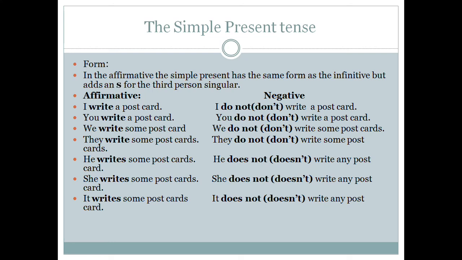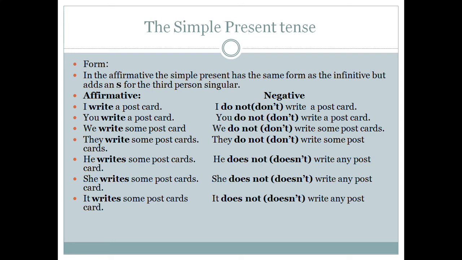So the third person singular, he, she, it, when we use a verb with them, we need to add an s to the verb. He writes some postcards. She writes some postcards. It writes some postcards.